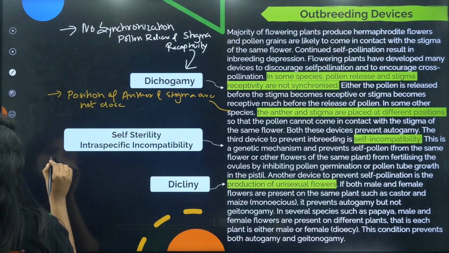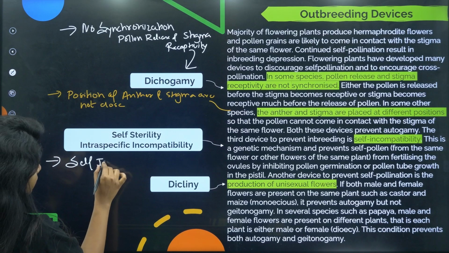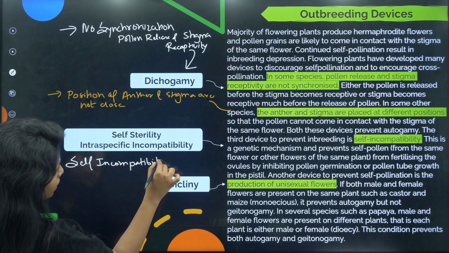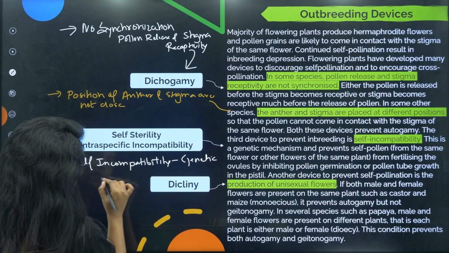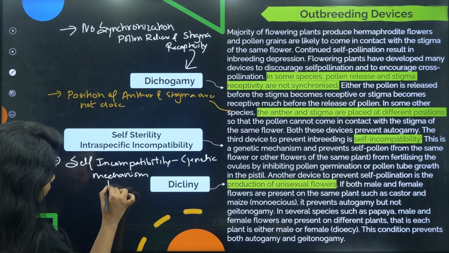Now what is the third point? Third point is where self incompatibility works, and this is a genetic mechanism. What happens over here?